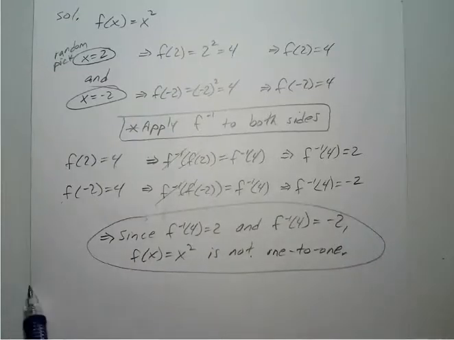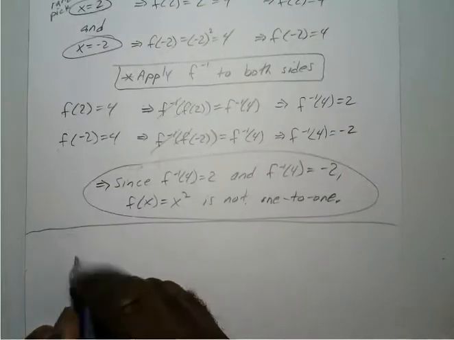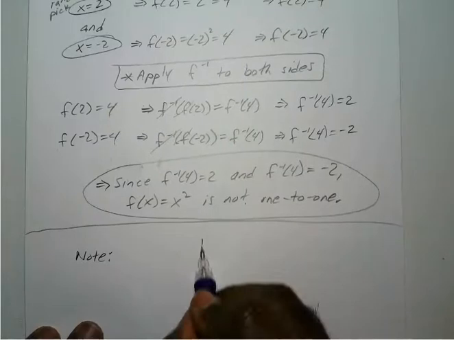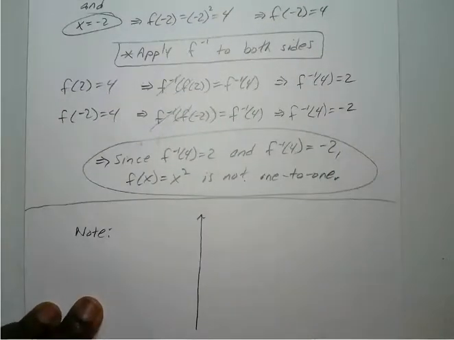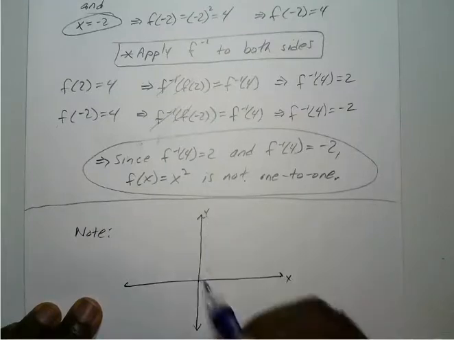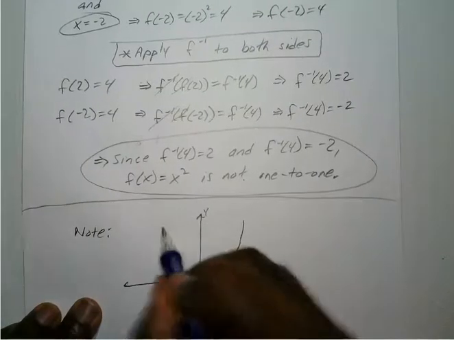Okay, and if you remember, we already verified that in previous videos, looking at the horizontal line test. So f of x equals x squared kind of looks like that.